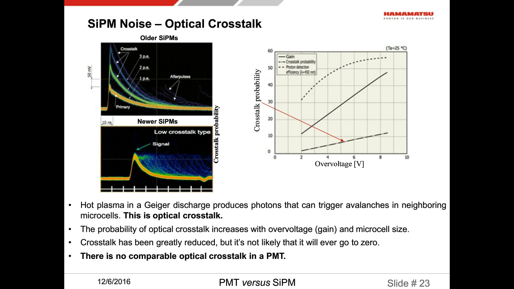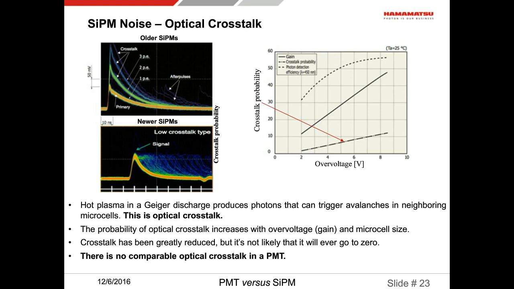On the right-hand side, we see a plot of probability of crosstalk as a function of overvoltage. And for a typical overvoltage of 2, 3 or so volts, we see that optical crosstalk is less than about 10%. The plot above I showed you is for an old SiPM because I wanted to clearly see the crosstalk.